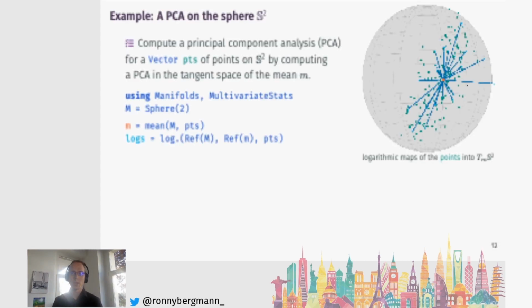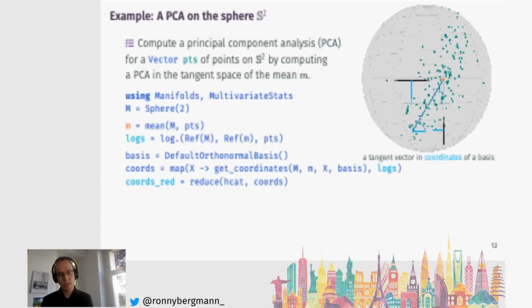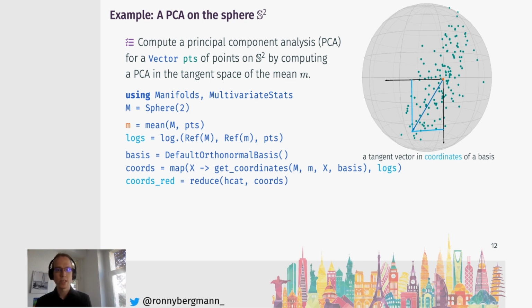And from that we can take the logs to pull all the points up into the tangent space at the mean. I didn't draw all of them, but you see most of them mapped. And then we decompose every tangent vector into its coordinates with respect to this orthonormal basis in the mean tangent space, and get a two-dimensional representation of all these logs, which would usually be stored as vectors in R3.